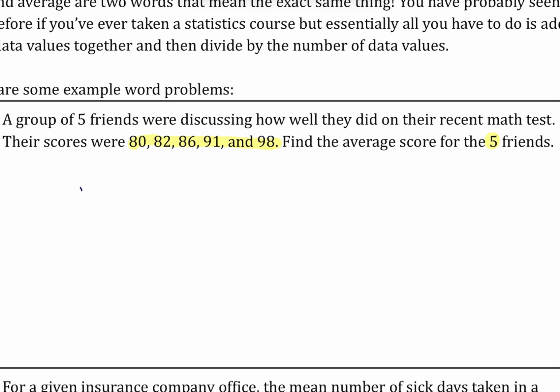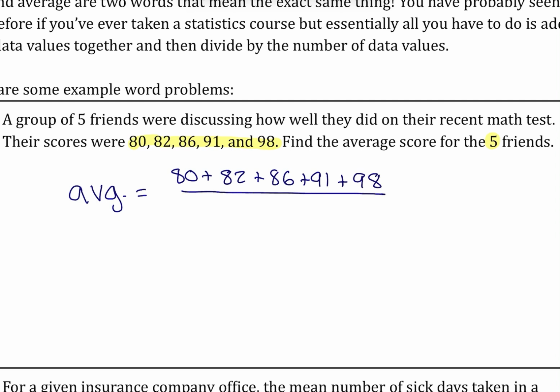So we have that the average is equal to 80 plus 82 plus 86 plus 91 plus 98, all divided by 5. Now we're going to do some scratch work off to the side to add those 5 numbers together: 80, 82, 86, 91, and 98.